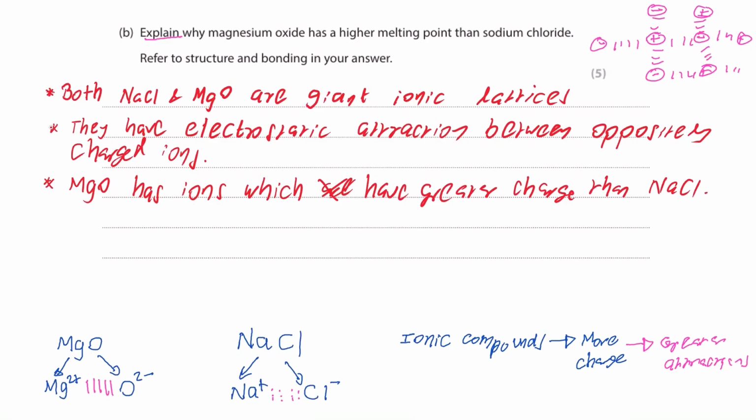You can show it if you want: magnesium 2 plus attracting O2 minus, sodium plus attracting Cl minus.